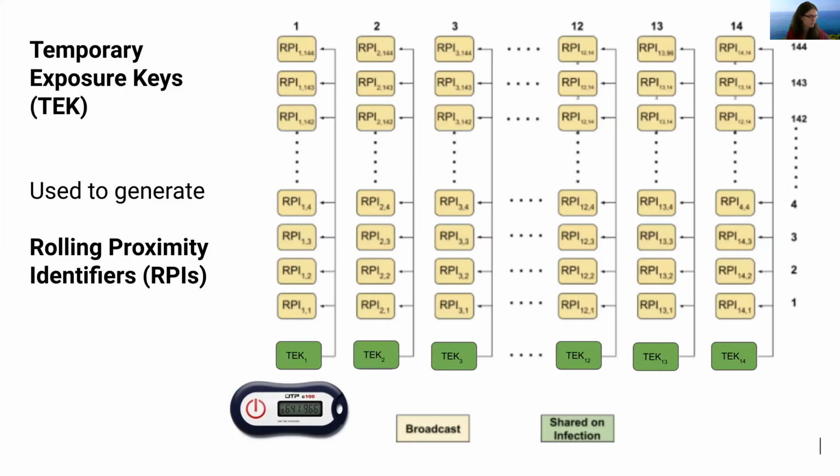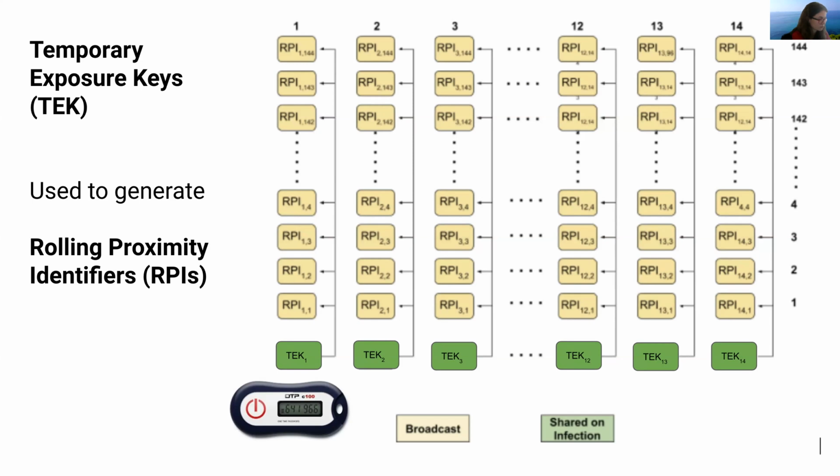One detail that I have glossed over, which is important to the privacy design, is that if you just publish the rolling proximity identifiers, the RPIs, to every device in the system, that is extremely expensive in terms of bandwidth usage, especially if you consider the extreme infection rate design scenarios that we were thinking about at the beginning of the project.